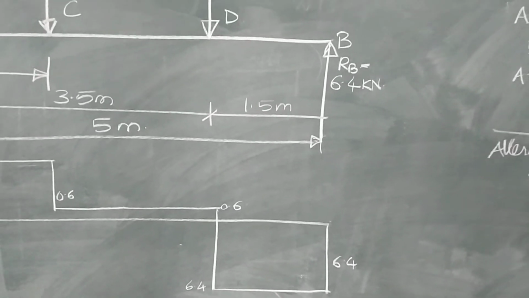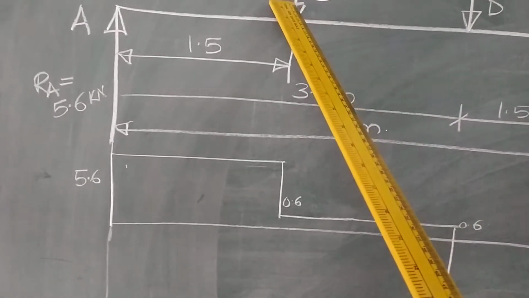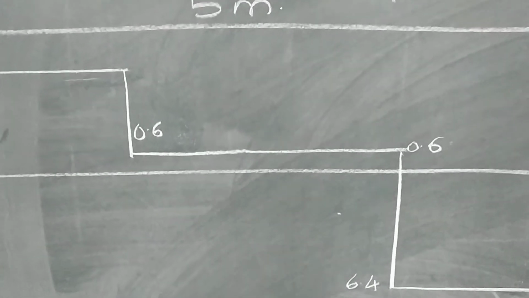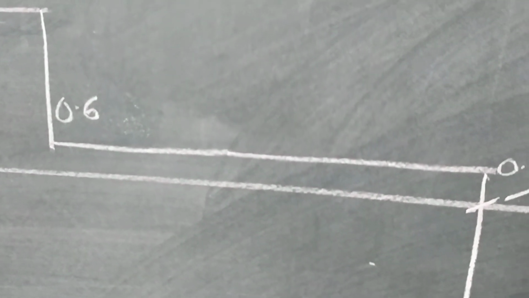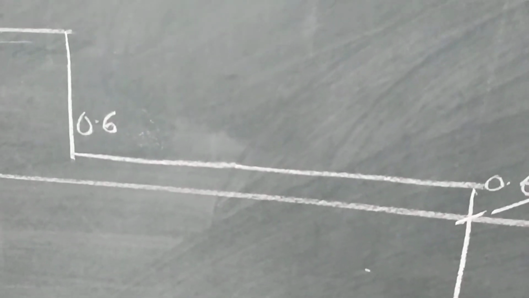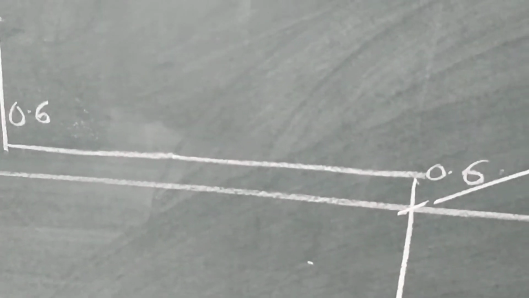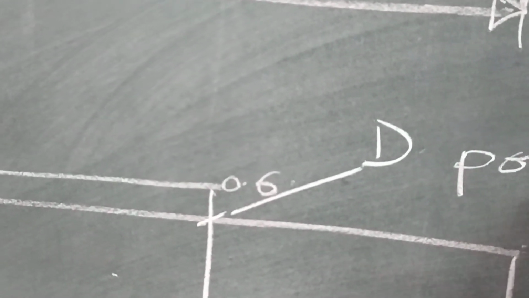Now we will have bending moment calculations. See, at point C and D, only 2 points we have to calculate. At point D there is a point of contraflexure. In the last video I have clarified what is point of contraflexure.